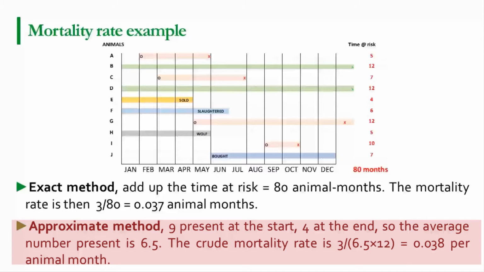If we look at the example, we start the study with 9 animals because one of the animals was bought and brought into the flock later on, and we have 4 at the end.